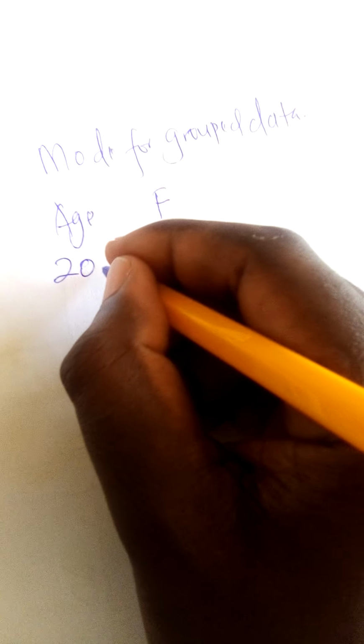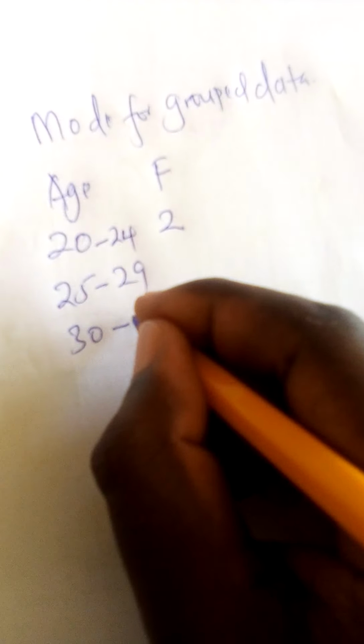In this case, we will have a class which has a lower boundary of 20 to 24 and a frequency of 2. Then we have the next class, which will be from 25 to 29. The next class will be 30 to 34.